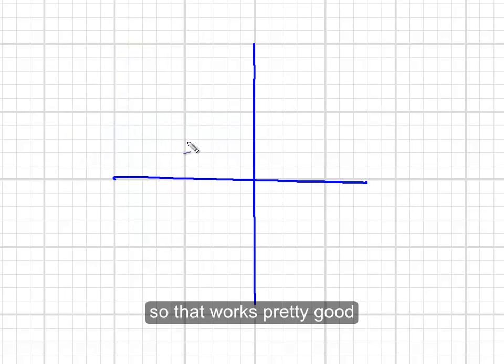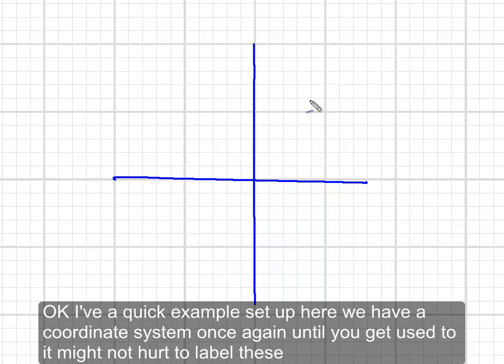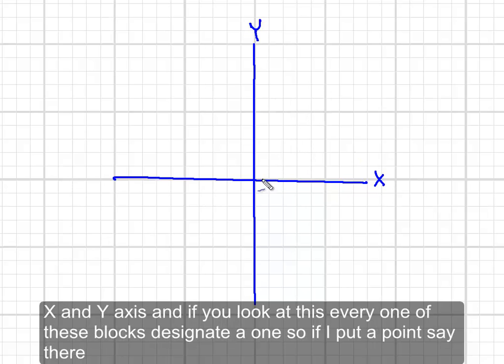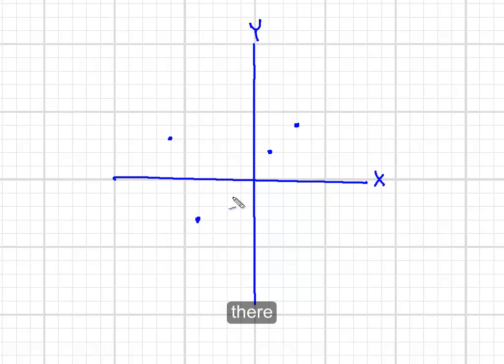I have a quick example set up here. We have a coordinate system. Once again, until you get used to it, it might not hurt to label the x and y axis. If you look at this, every one of these blocks designates a 1. So if I put a point there, maybe there, there, and let's go out to this point here.